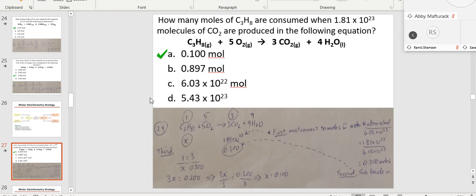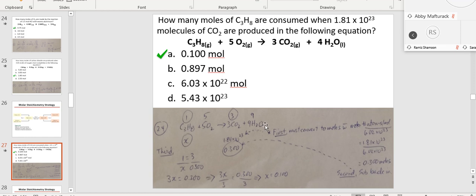How many moles of propane are consumed when 1.81 times 10 to the 23 molecules of carbon dioxide are produced in the following equation? So, same thing. Write out your chemical equation. There it is.